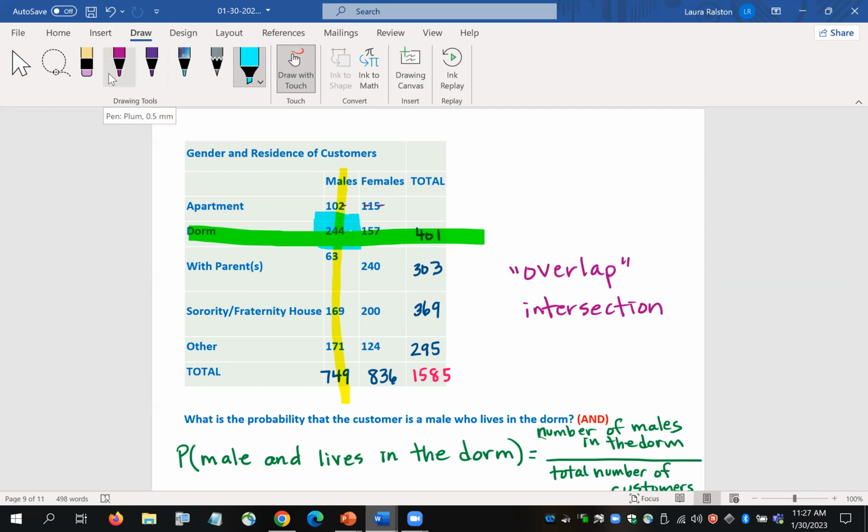I'm looking for males and dorm. They have to have both conditions.